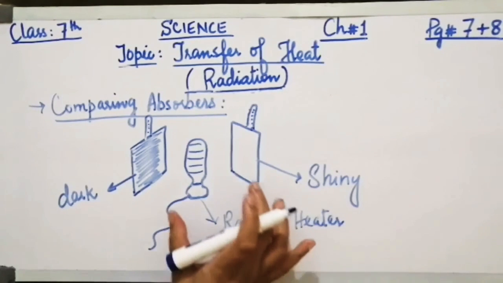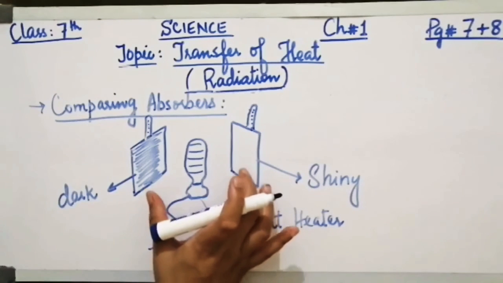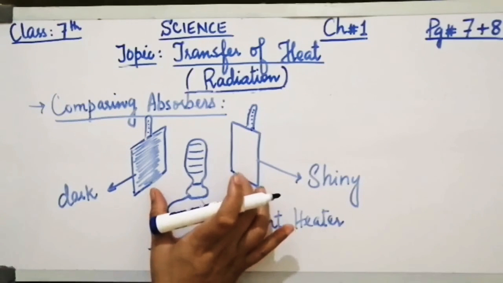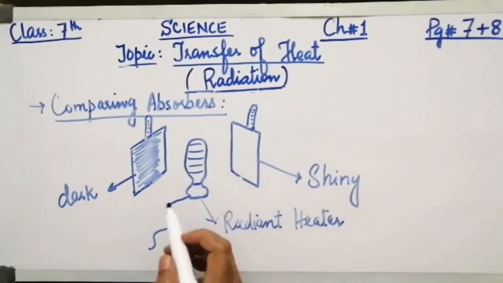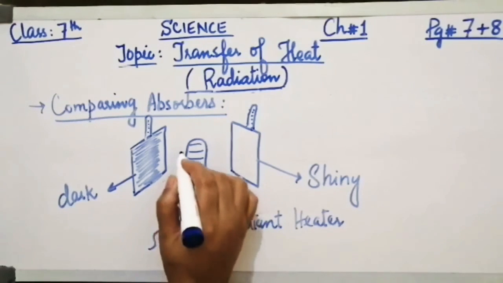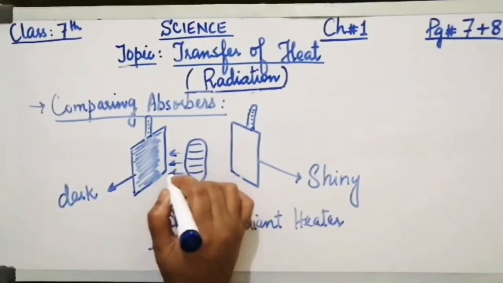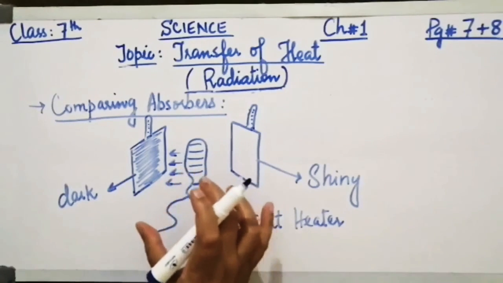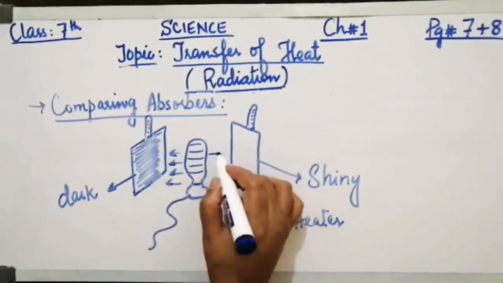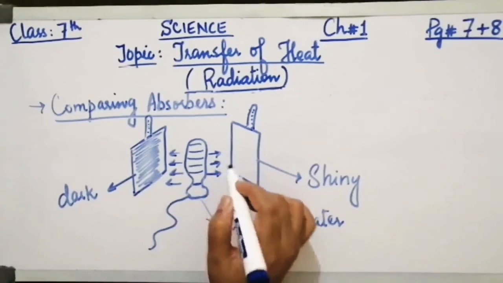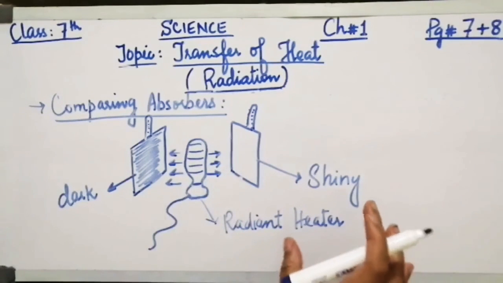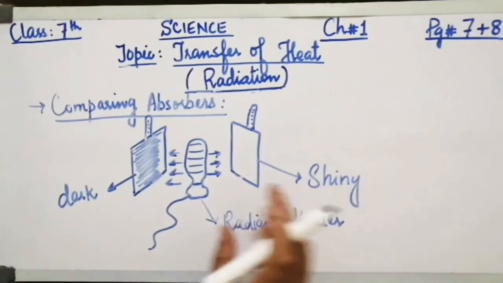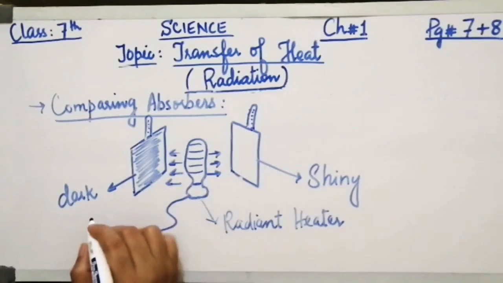Now as you can see, both plates are at the same distance from the heater. So what happens to them? The dark surface in this case absorbs heat energy more quickly than the shiny surface, which clearly indicates that dark surfaces are better absorbers.